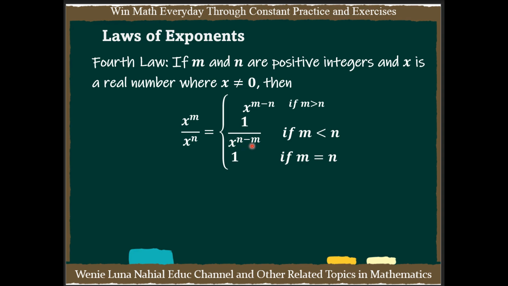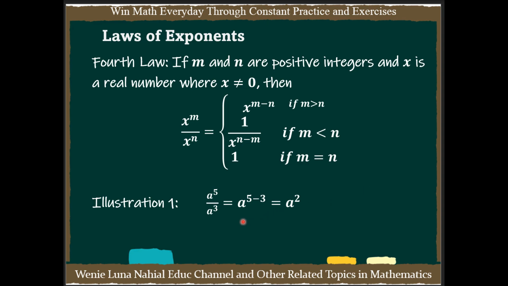The second, we have 1 over x raised to n minus m, if the power of the denominator is greater than the power of the numerator. And the result would be equal to 1 if m is equal to n.